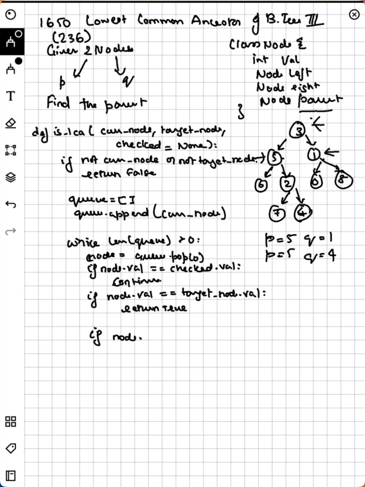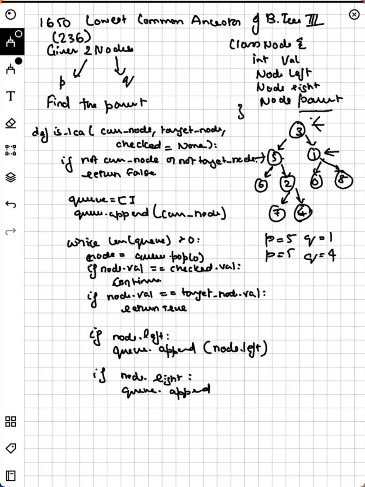So if node dot left exists, then you add it to the queue. Same way if node dot right exists, then you add it to the queue. Once you've added all of this and all of this traversal is over, and there is nothing left in this queue to process, that means we could not find the target. Let's return false.